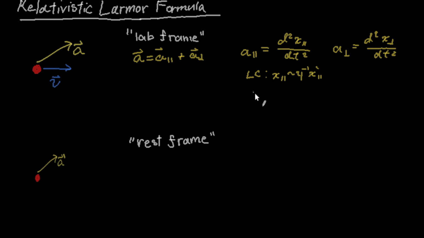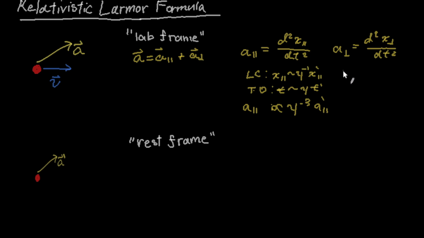And we also know via time dilation that t in the lab frame is about gamma times t prime in the rest frame. We can find that a parallel is proportional to gamma to the -3 a parallel prime in the rest frame of the object, because we have one factor of dx parallel on top and two factors of dt parallel on the bottom.